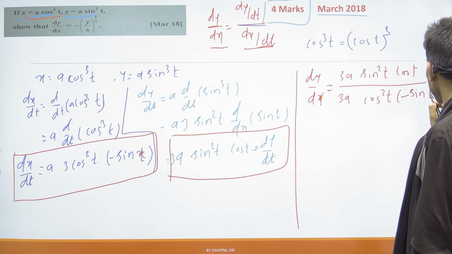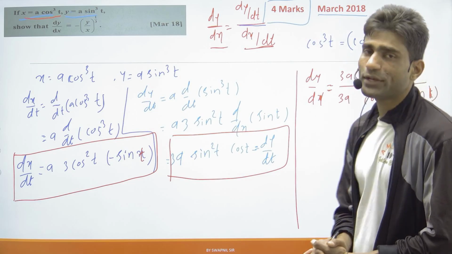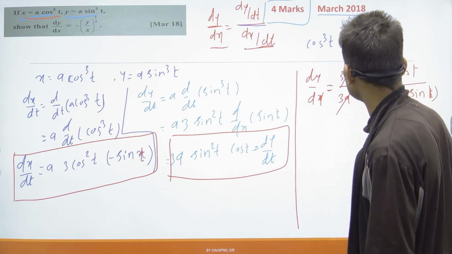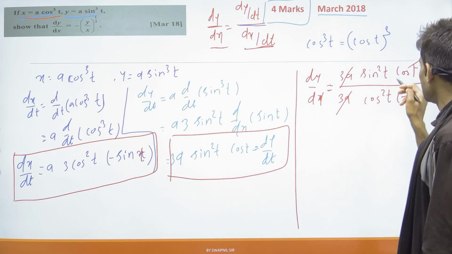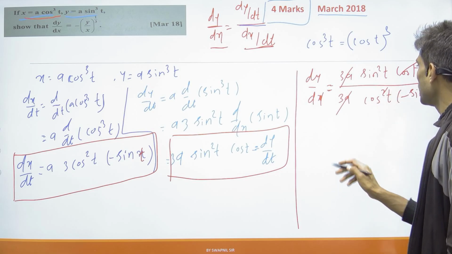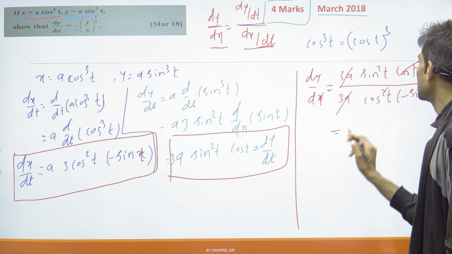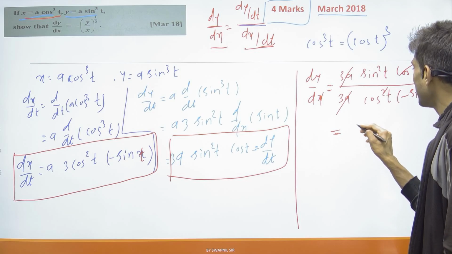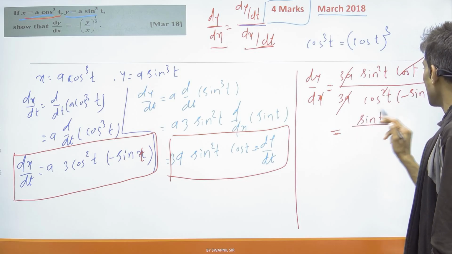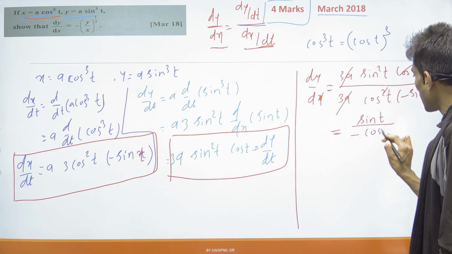Okay, so cancel those possible from the numerator and denominator. 3a can be cancelled. Cos t and cos square t, one of the cos gets cancelled; sin square t and negative of sin t, one sin t gets cancelled. So the numerator is left with sin of t, and the denominator is left with negative of cos of t.